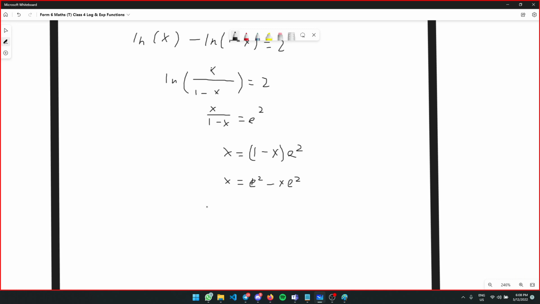So we get x times 1 plus e squared equals e squared. So x is equal to e squared over 1 plus e squared. The value should be around 0.881 if it's 3 significant figures.